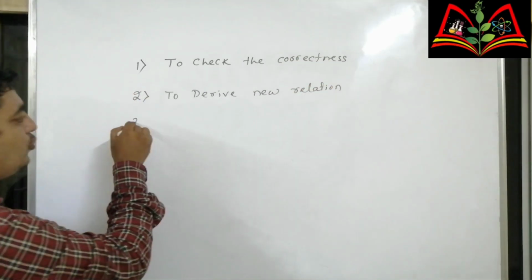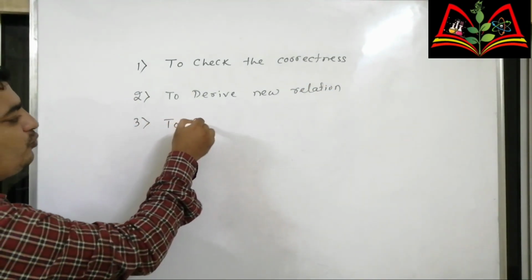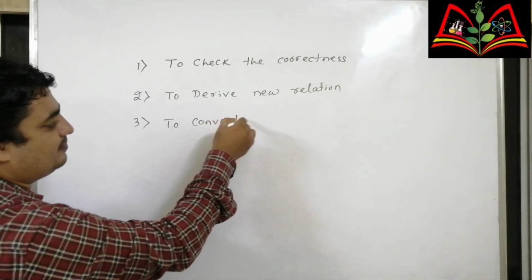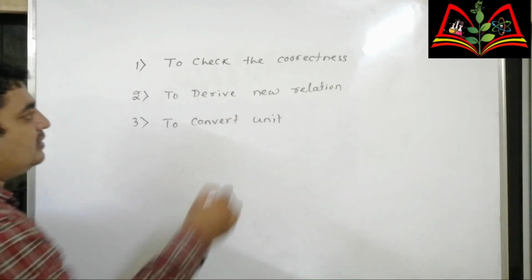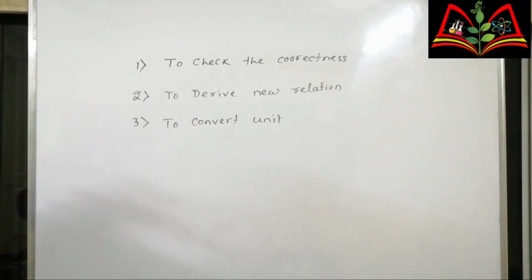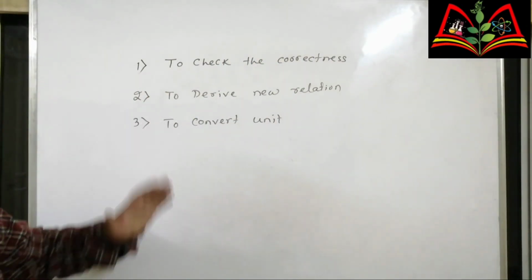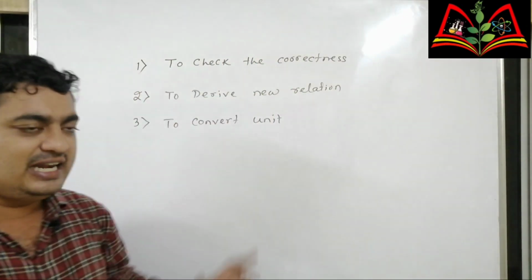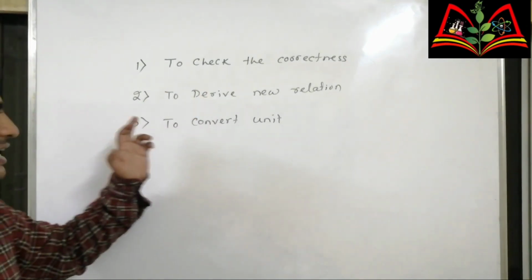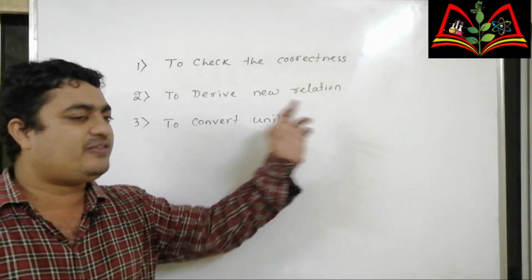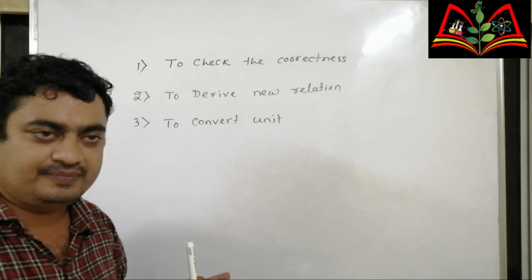Third, to convert units from one system to another. These are the three applications: to check the correctness of an equation, to derive new relations among physical quantities, and to convert units from one system to another.